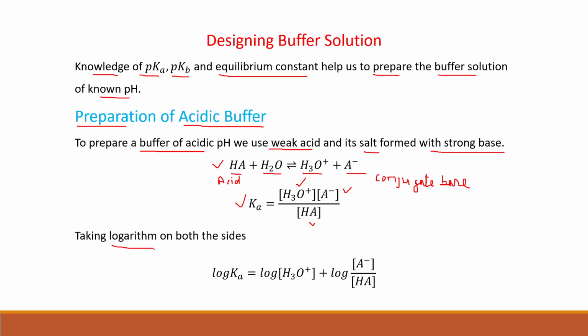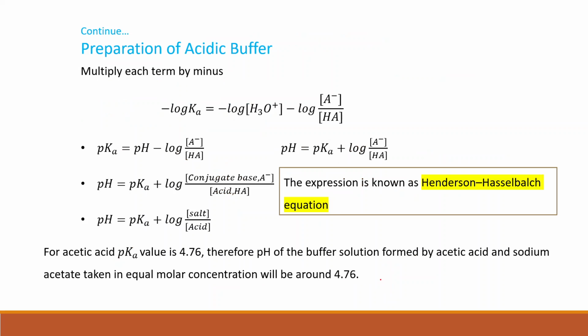Now, taking logarithm on both sides, we get log Ka is equal to log of hydronium ion plus log of this ratio, the concentration of conjugate base divided by the concentration of acid. Now, multiply each term by minus.